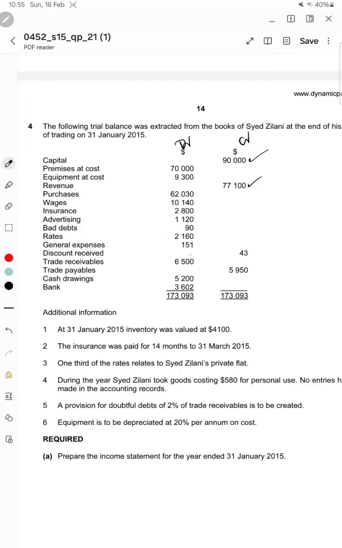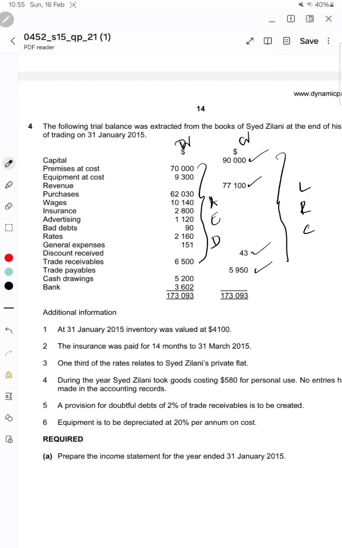Apart from that, discount received is a revenue. Then trade payable is a liability. So all these are credit balance accounts. Other than this, everything is assets, expenses and drawings on the debit side. All the credit side balances are liabilities, revenues and capital.